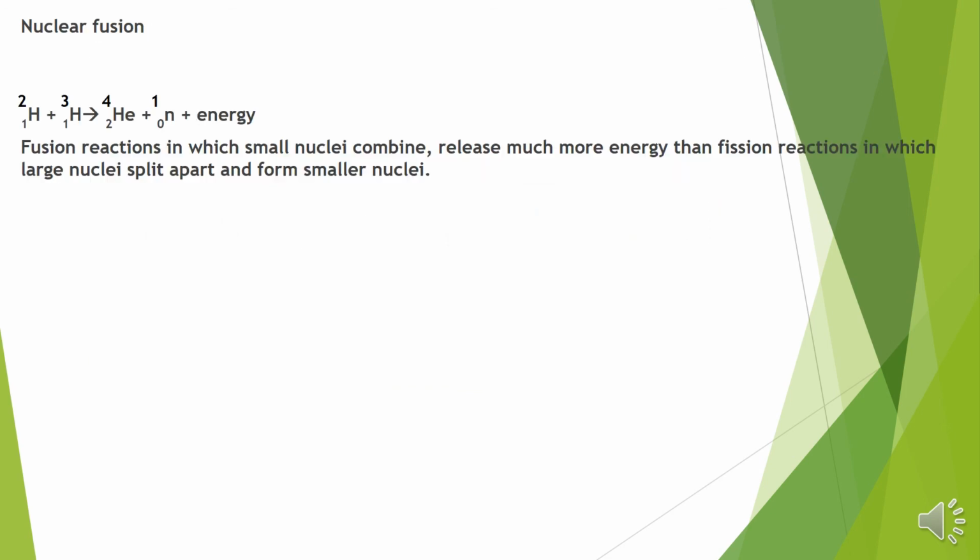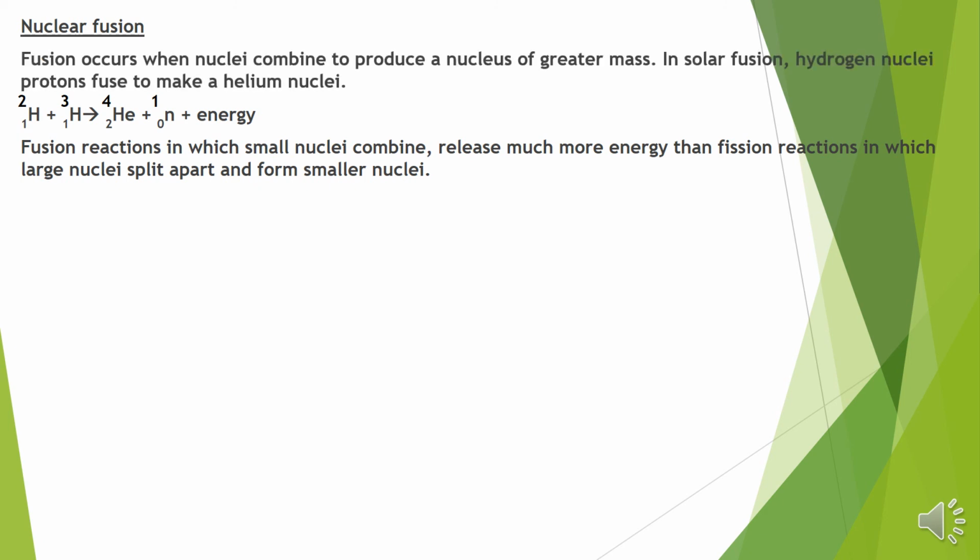Now, what do we mean by nuclear fusion? Nuclear fusion occurs when nuclei combine to produce a nucleus of a greater mass. In solar fusion, hydrogen nuclei, protons, fuse to make helium nuclei.